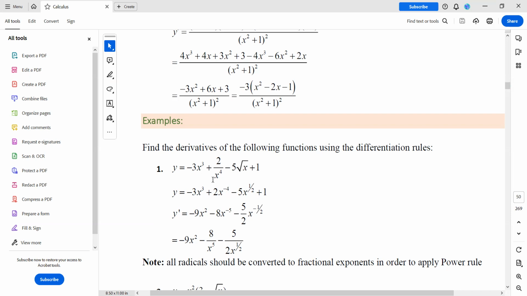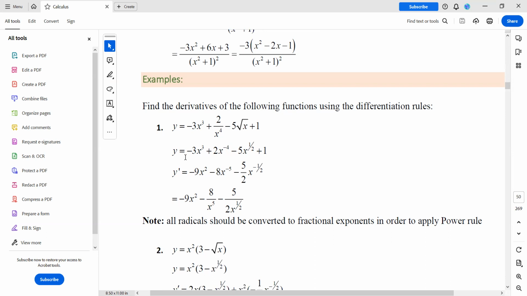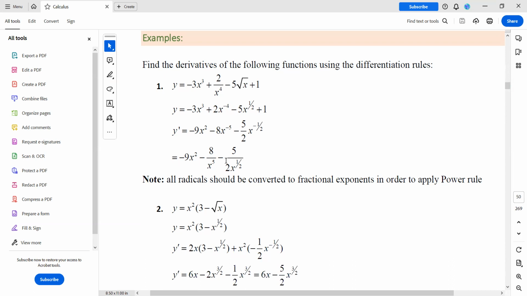The differential of y is equal to minus 9x squared minus 8x minus 5 minus 5 over 2x raised to power minus 1 over 2. And then you have minus 9x squared minus 8 over x raised to power 5 minus 5 over 2x raised to power 1 over 2, which is what you have here as the answer for this.